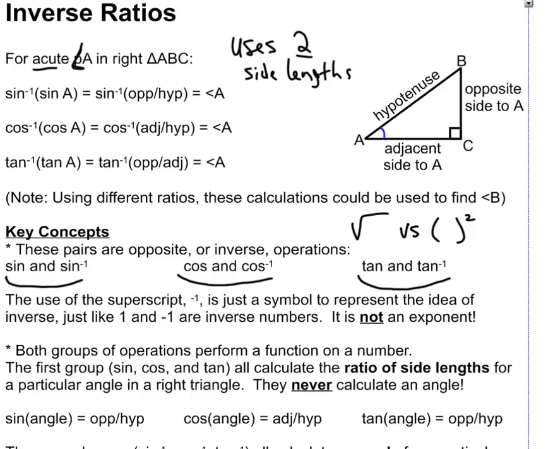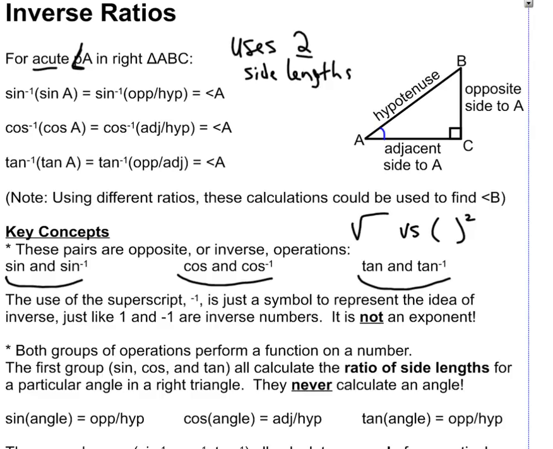The use of the superscript as -1 can be a little bit confusing. It's just a symbol to represent the idea of an inverse, and it's just put in that location just to kind of make sure you don't confuse it with multiplication. It's not an exponent.